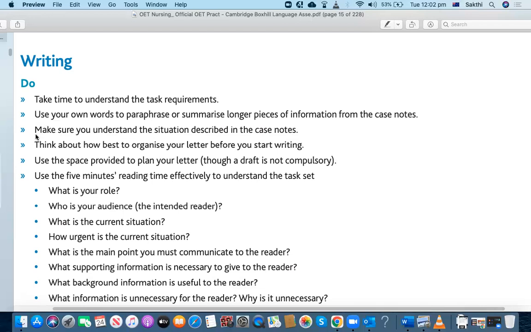Let's go to the third important note. You need to ensure that you understand the situation described in the case notes. What is meant by situation? What can we get from these phrases? Well, you need to know one thing, whether the patient is in need of immediate response from the recipient or not.